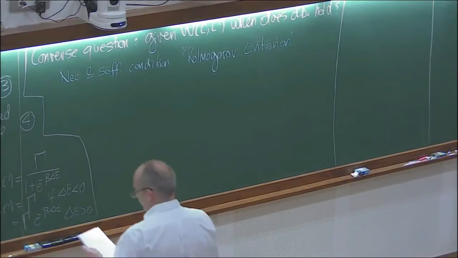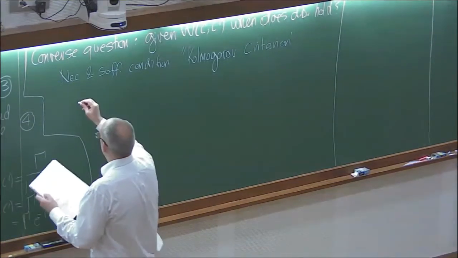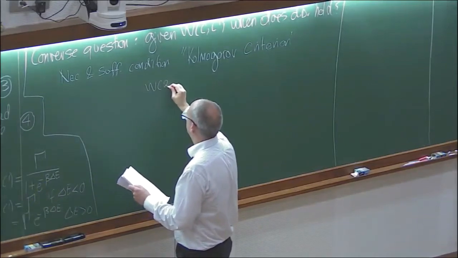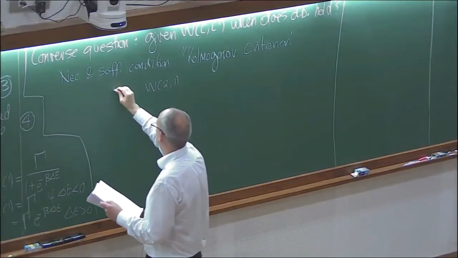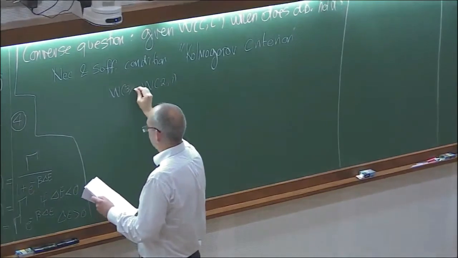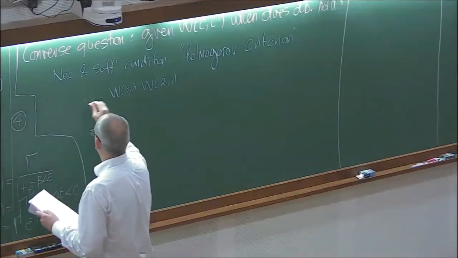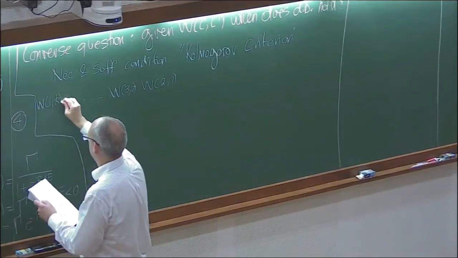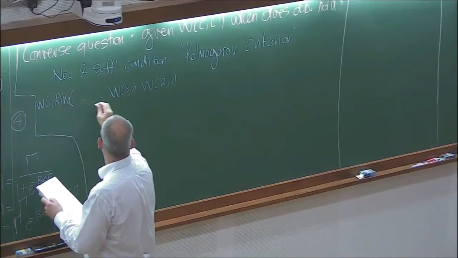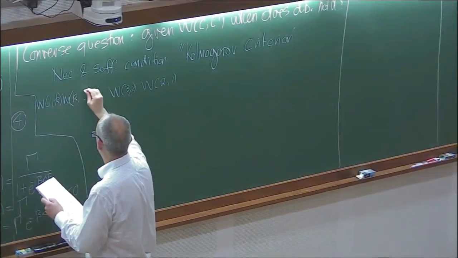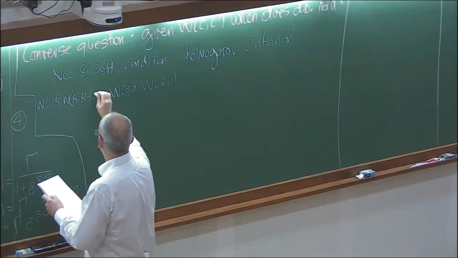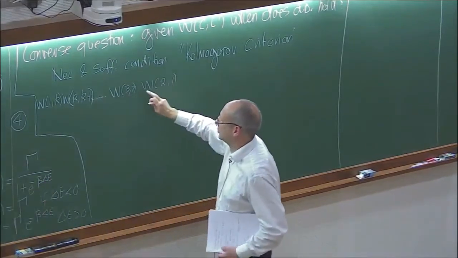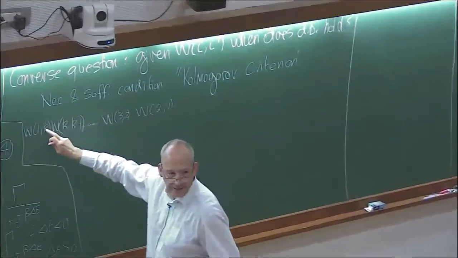So the condition is that, if I start in state 1, I go to 2, and then from 2 I go to 3, and so on until I get to state K, and I go back to 1. I haven't written that very well. This is the transition rate going from 1 to 2, 2 to 3, all the way up to K, and then back to 1.